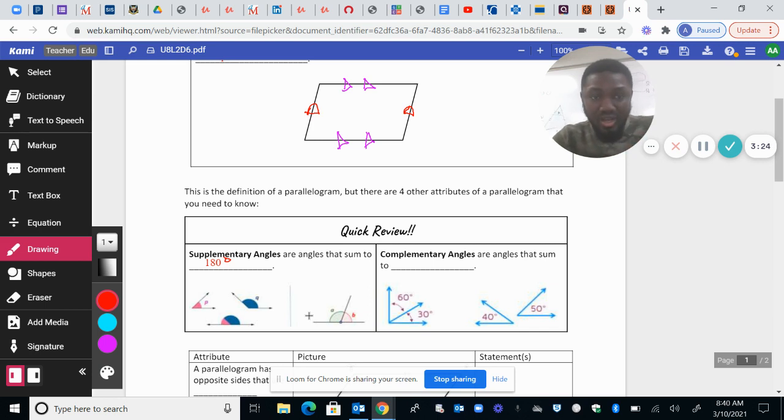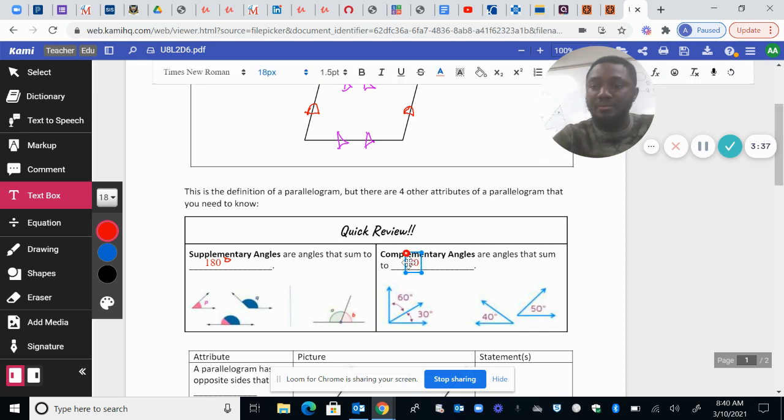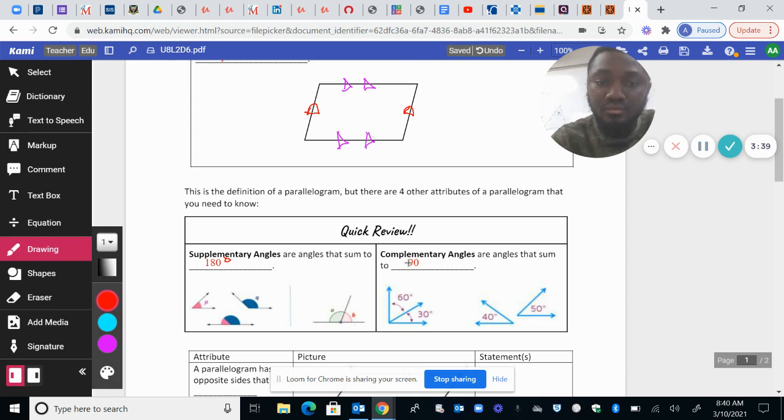But when you have two angles so that the sum is 90 degrees, we say they are complementary. So complementary angles are angles that sum up to 90 degrees. Like in these two cases, we have one angle that's 40, another angle is 50. So when you take the sum, 40 plus 50, 90.